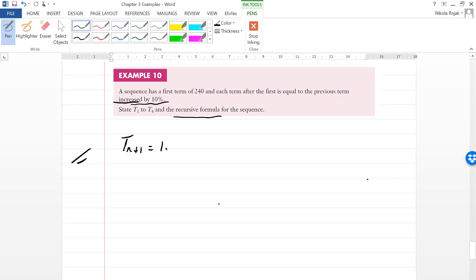Okay, so 1.1 times Tn. So this is what you do to increase something by 10%. You multiply it by 110%, or 1.1 as a decimal. Okay, so where the first term is equal to 240.